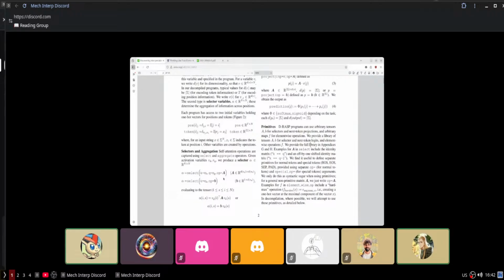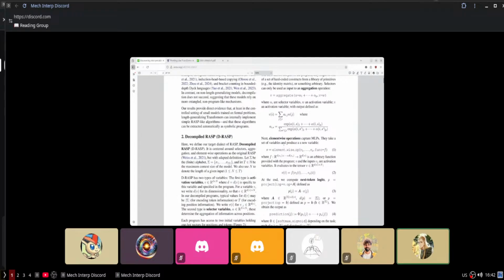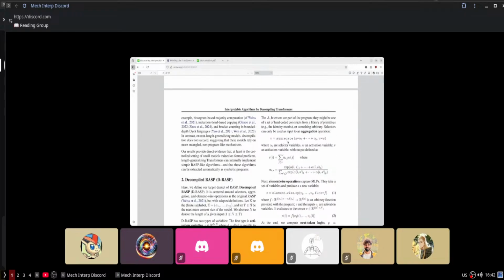A is a matrix, the thing that gets multiplied by the K and query. Isn't it literally the same as attention, but in a different notation, maybe? Not sure. So A is like QK transpose.